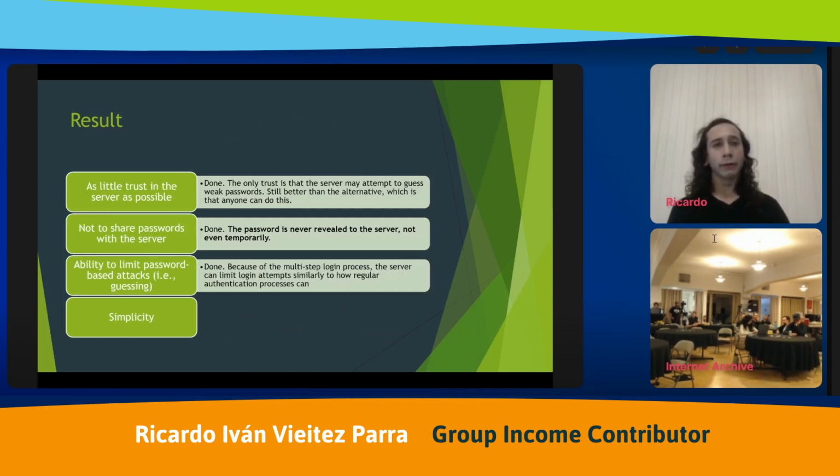Then, because we're including the server in this step, not only are we able to do this account recovery, but we are also able to detect login attempts that are trying to do that. So this is an advantage that allows us to do the same types of things that other websites can do.